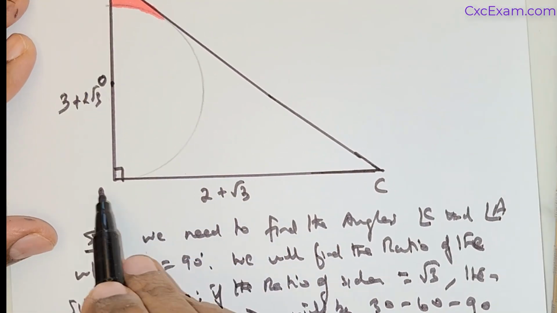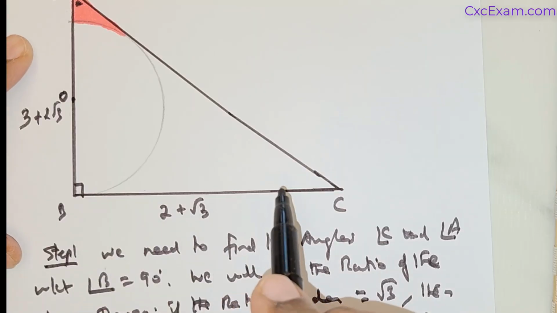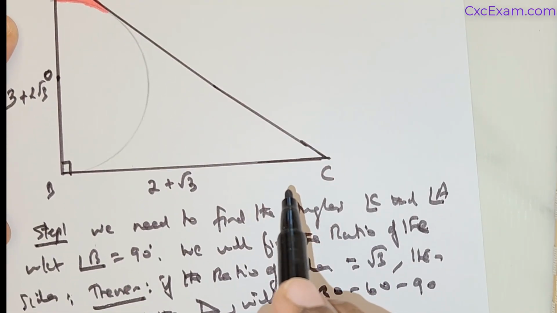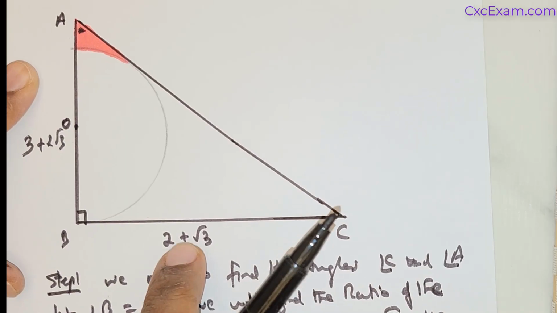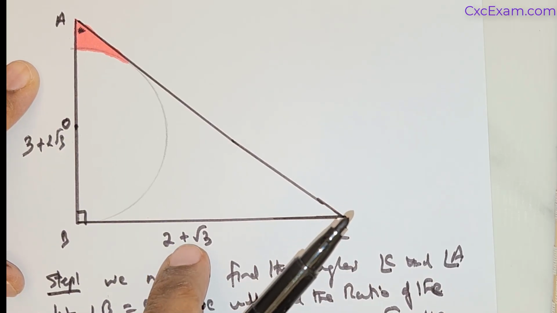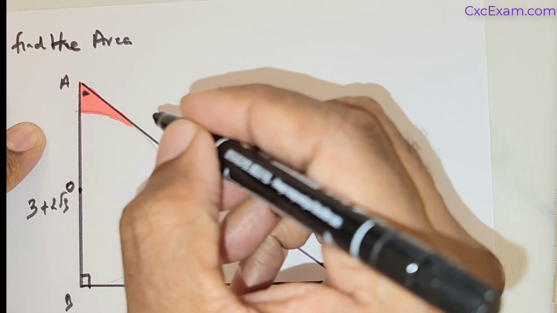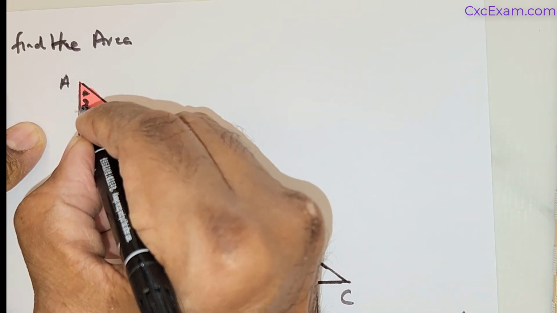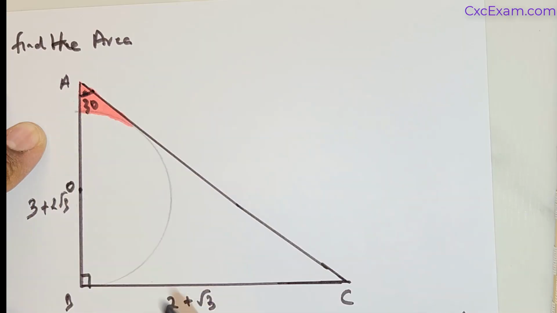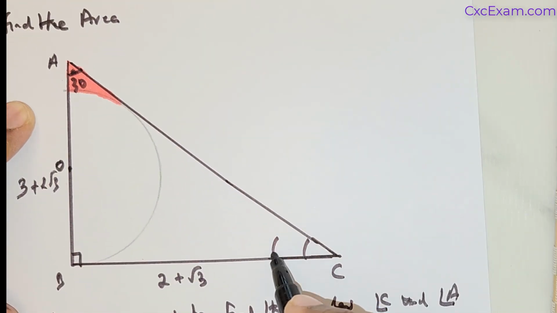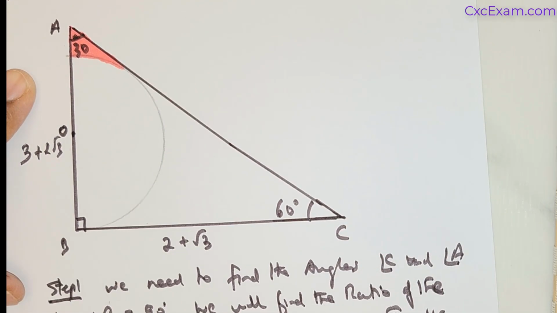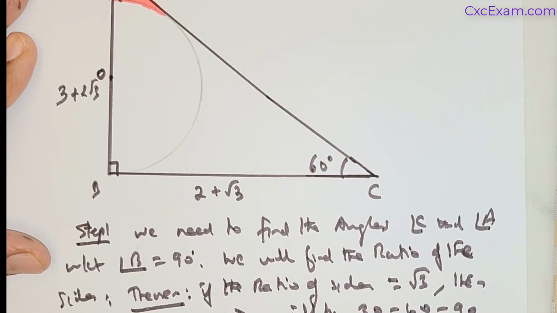Now we already have 90, so we need to allocate 30 and 60. The angle opposite to the smaller side would take the value 30. So this is going to be 30 degrees and this is going to be 60 degrees. Okay, so fair enough, we have got it.